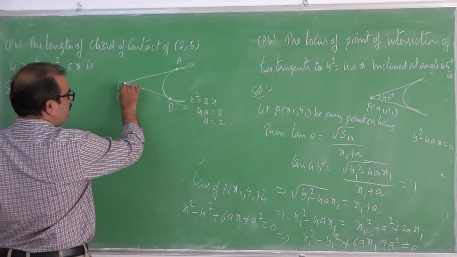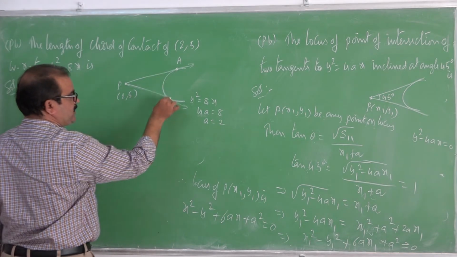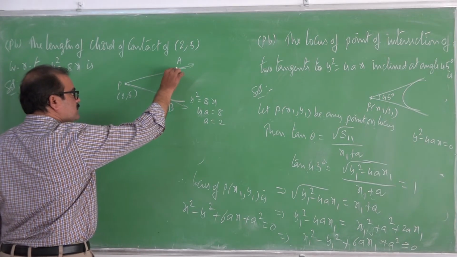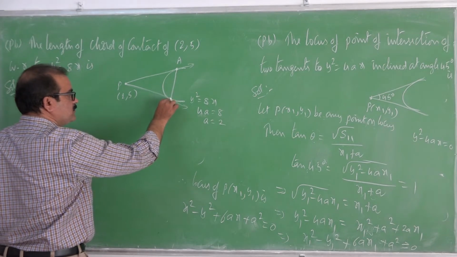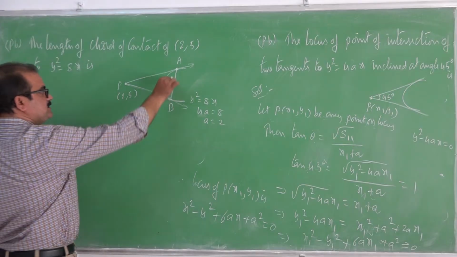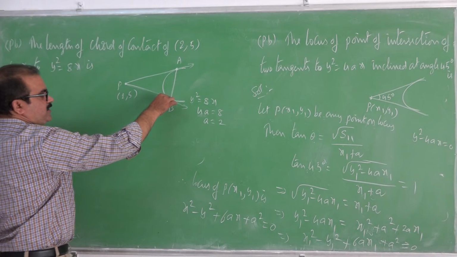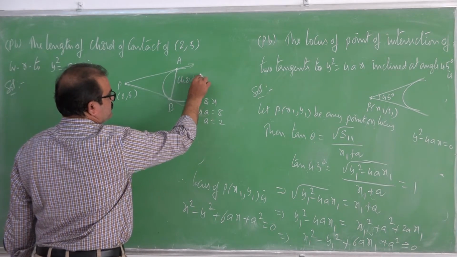From external point P, two tangents are drawn. Let the points of contact be A and B. If we draw a line segment joining 2 points A and B, this line segment joining 2 points of contact is called chord of contact.